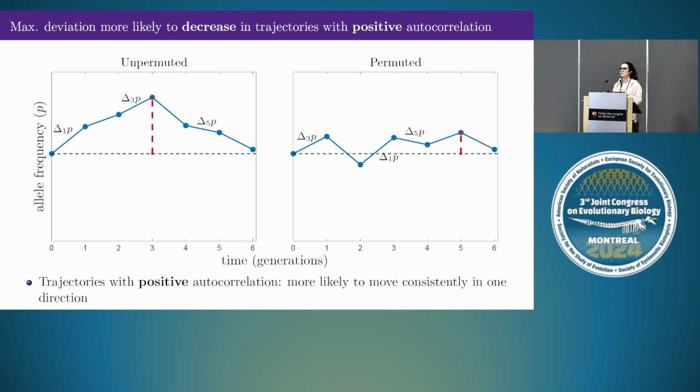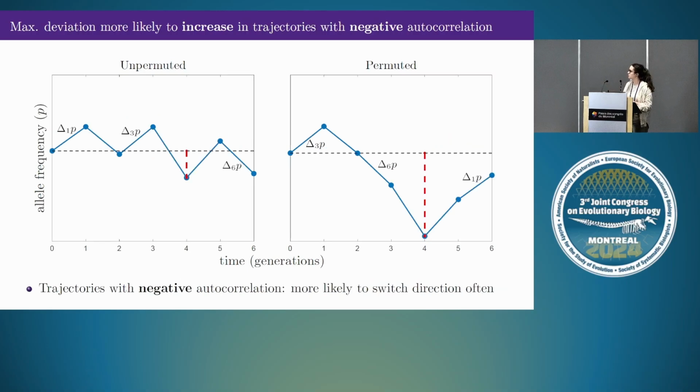So for trajectories with positive autocorrelation, or trajectories that tend to move in one direction consistently throughout time, those tend to see a decrease in their maximum deviation. And alternatively, for trajectories with negative autocorrelation, or ones that tend to switch direction often and bounce around, those tend to see an increase in their maximum deviation.